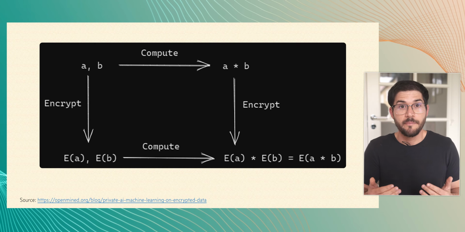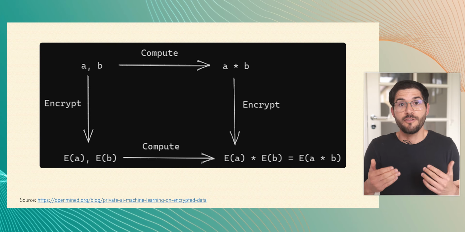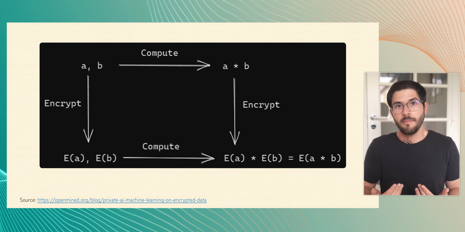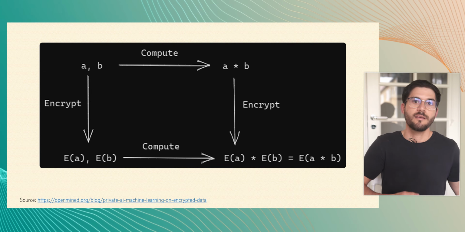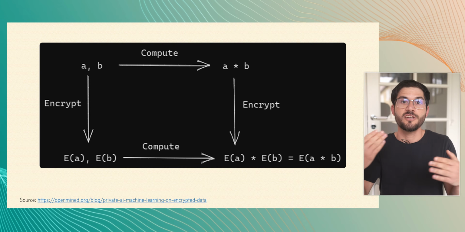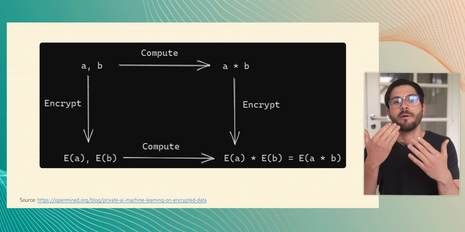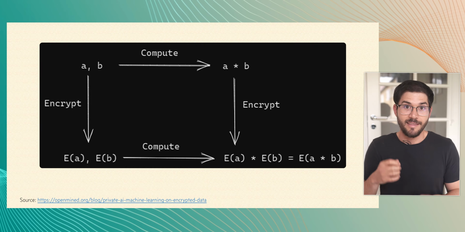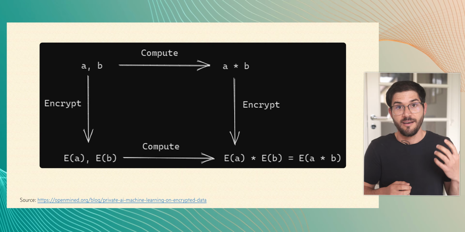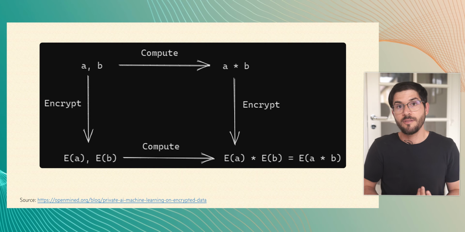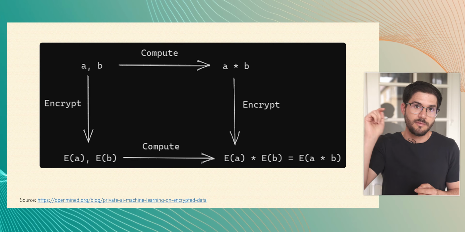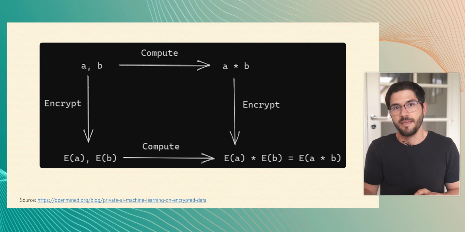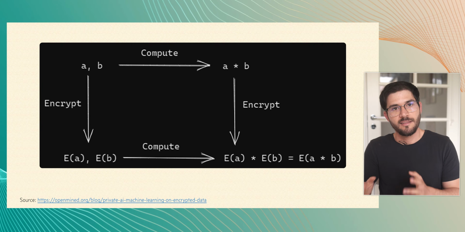The homomorphism in category theory is often shown by a commutative diagram, where you can go from a point to another by interchanging the order of operations, like in this diagram. For fully homomorphic encryption, you can go from A, B to E(A multiplied by B) in two separate ways.